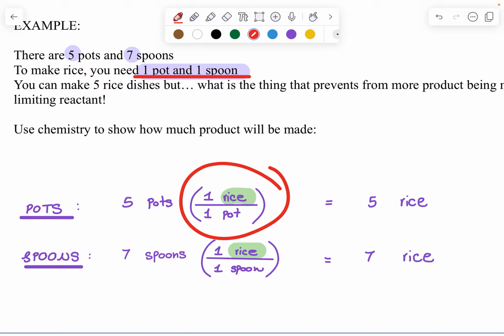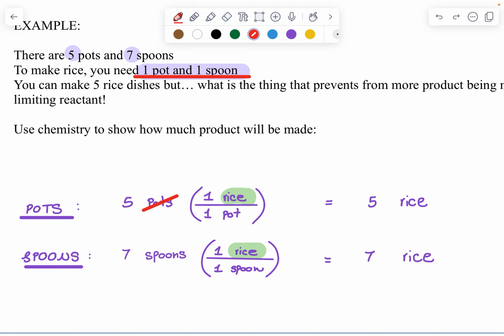So we want to cancel out the pots and the pots because we want the rice. We want to see, okay, how much product does it make? This will help you in every problem. Try to cancel out the thing that we don't need. So here we can cancel out our pots and our pots.